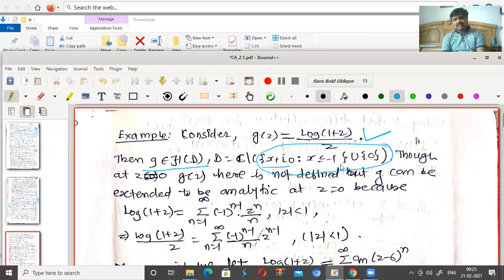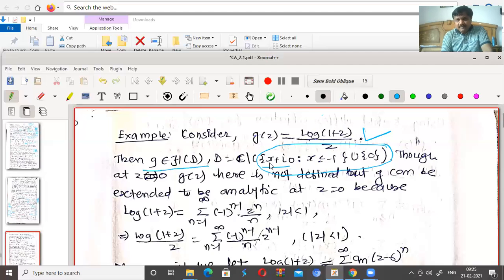For all points x plus i0 with x less than or equal to minus 1, this becomes 0 or negative. If I take x equal to minus 1, that is z equal to minus 1, this becomes 0. If we take less than minus 1, then 1 plus z is negative, say minus 2, and we get log of negative terms. So in that case also it is not defined.